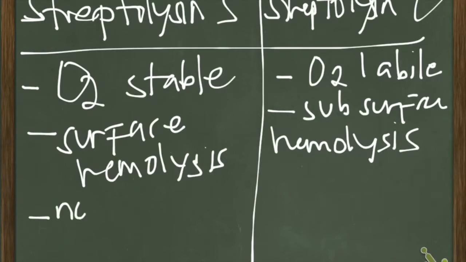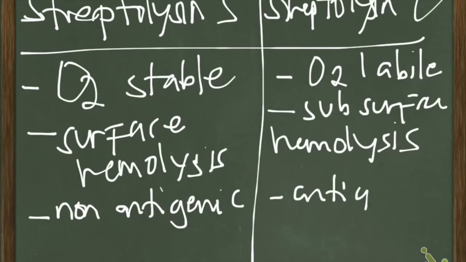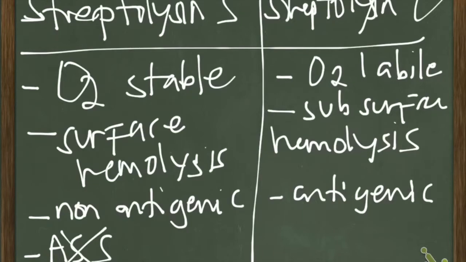Streptolysin S is non-antigenic, unlike streptolysin O, which is antigenic. Therefore, there's no such thing as anti-streptolysin S, because it is not antigenic.